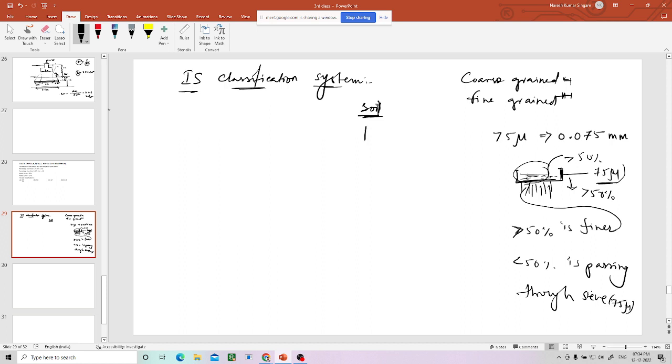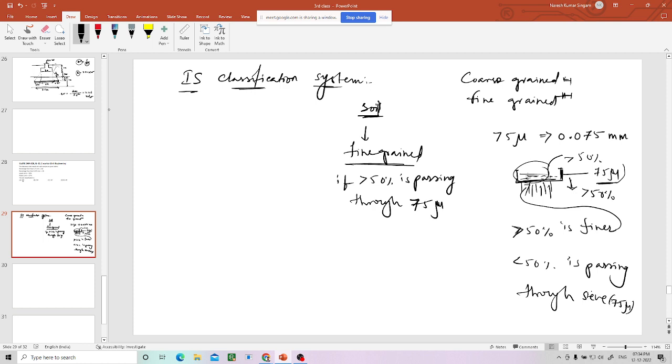First, use the 75 micron sieve. It is fine grained soil if greater than 50% is passing through the 75 micron sieve.